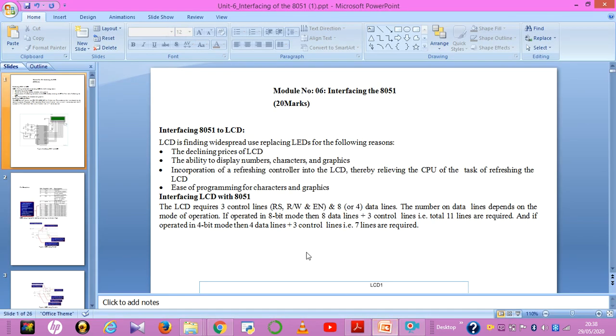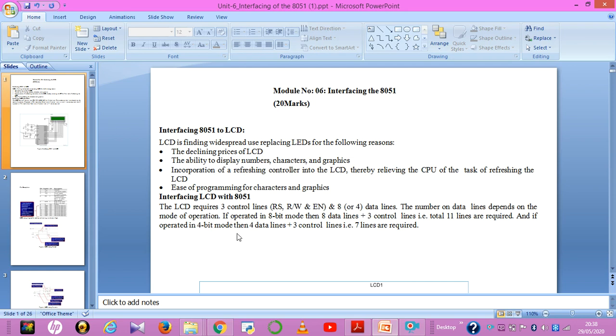We'll see the first one, interfacing the 8051 to LCD. So now I am going to explain how you are going to interface LCD with 8051. Here the LCD requires 3 control lines, that is RS, read/write, and enable, and 8 or 4 data lines. The number of data lines depends on the mode of operation.